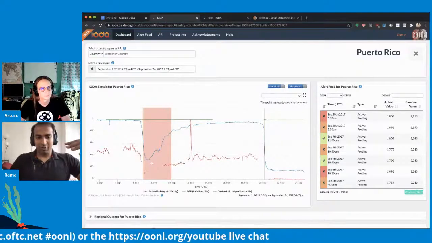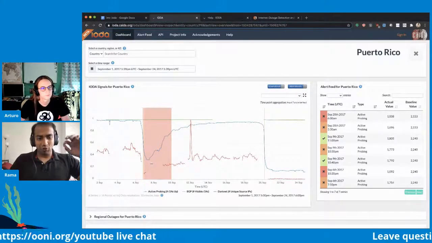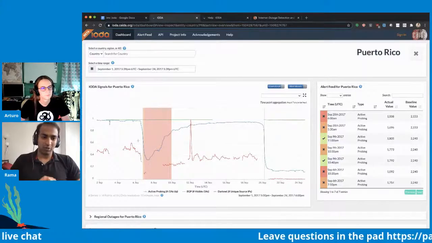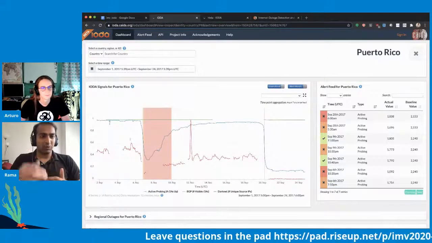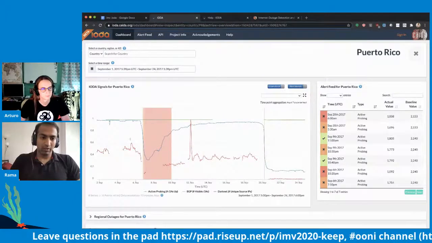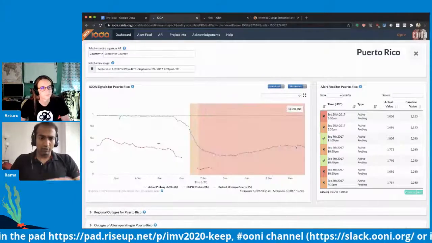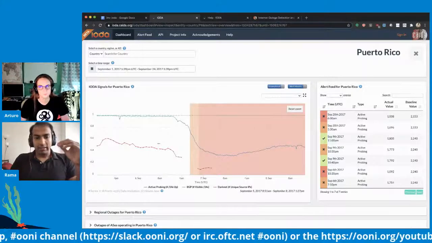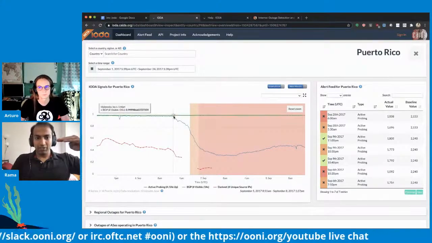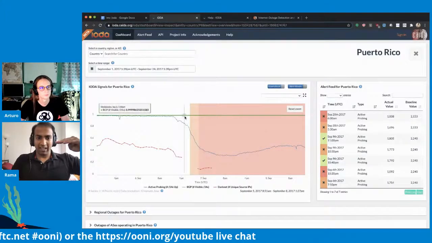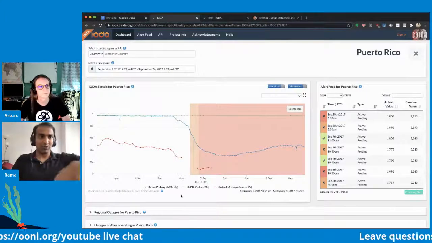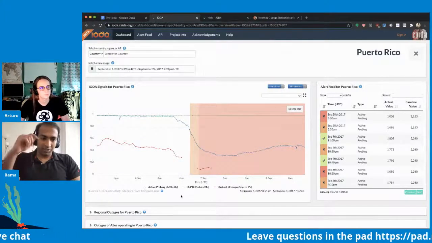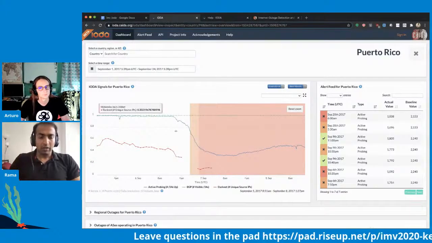And one more thing to note is that during these hurricane outages, what we've typically observed, as opposed to the internet censorship events that we've looked at so far, is that in a censorship event there is often a binary, instantaneous drop. It's as though the network just goes boom, it goes down, as if a switch were flipped.